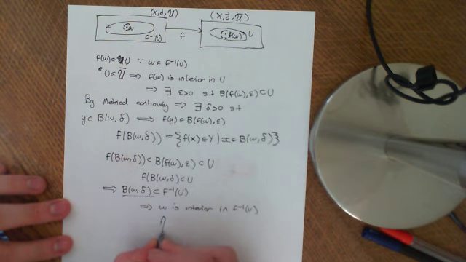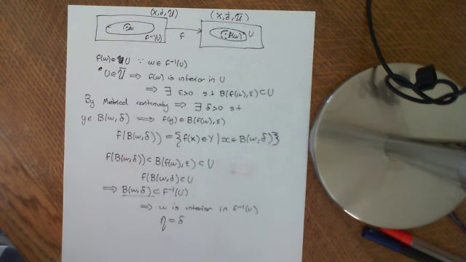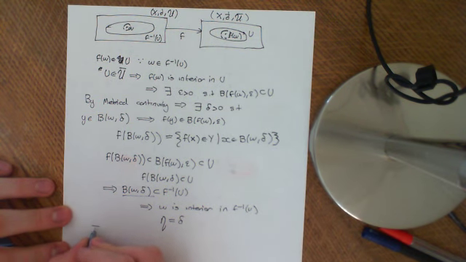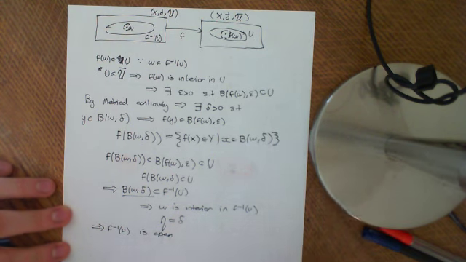Simply set eta, what was the variable we were using, equal to delta, and we have our eta neighborhood, if you like, our delta neighborhood, around this point W that's completely contained within the inverse image of U. That implies W is interior in F inverse of U, and since W was arbitrary, it implies that F inverse of U is open, because all points must be interior, because this was just an arbitrary point, which implies that the inverse image of open sets is open.